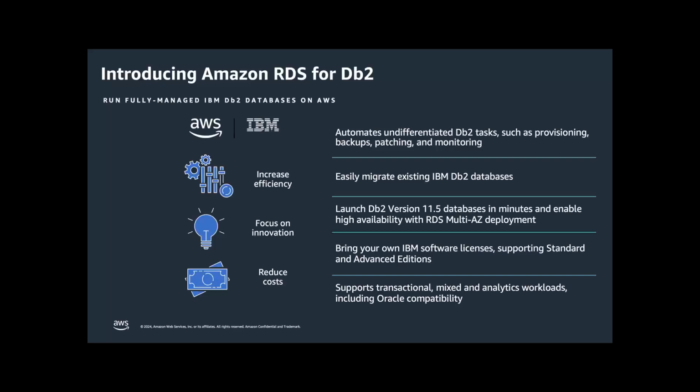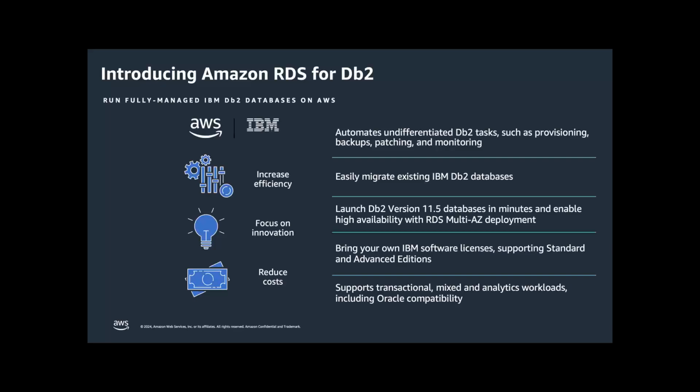RDS for DB2 is built on the same foundations as the other RDS services that I just mentioned, like all the open source and commercial databases. It helps you automate the undifferentiated administrative tasks, like infrastructure provisioning, backups, patching, and monitoring. It helps you set up, operate, and scale DB2 databases in the cloud.